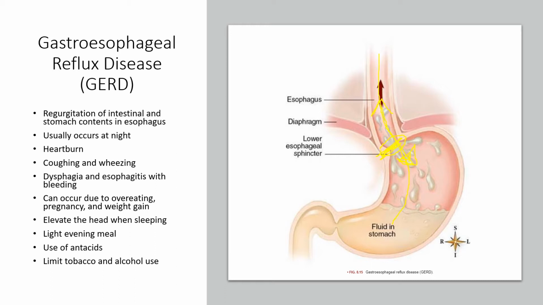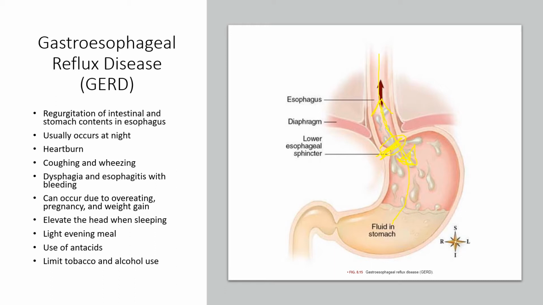GERD usually occurs at night, and the patient may say that they're experiencing heartburn. It may be very bad in some patients. Some patients may say that they're experiencing a heart attack, but it's usually heartburn that occurs due to GERD. The patient may also report coughing spells and wheezing due to the irritation of the oropharynx or the respiratory tree.